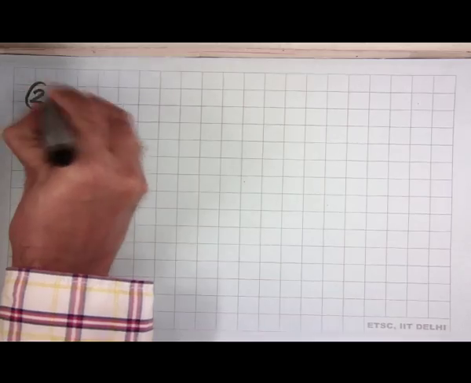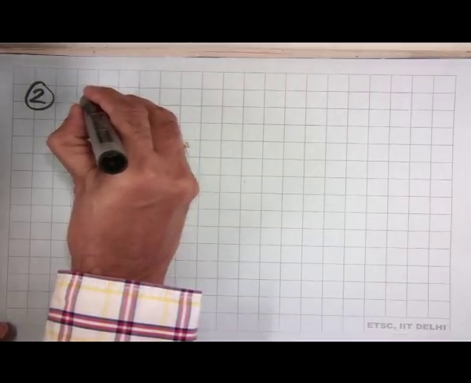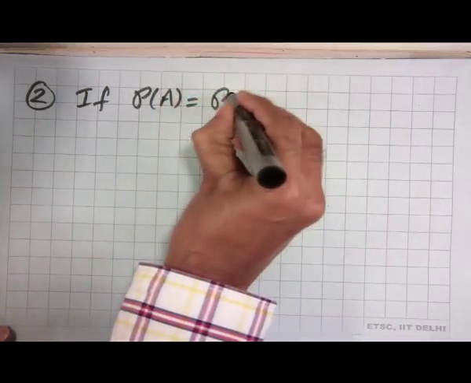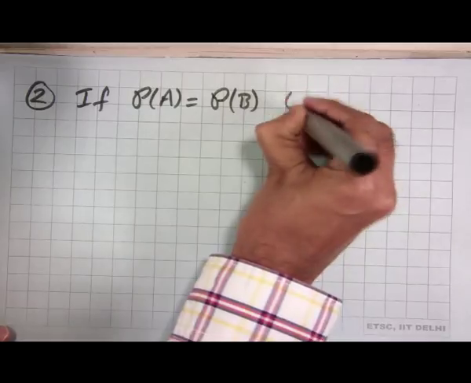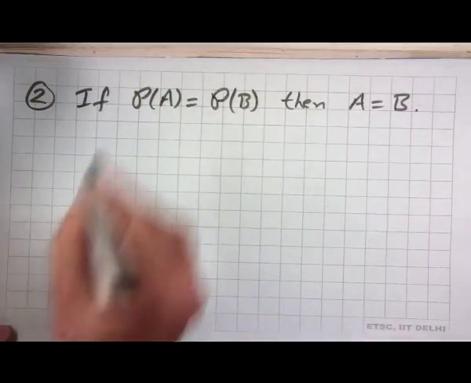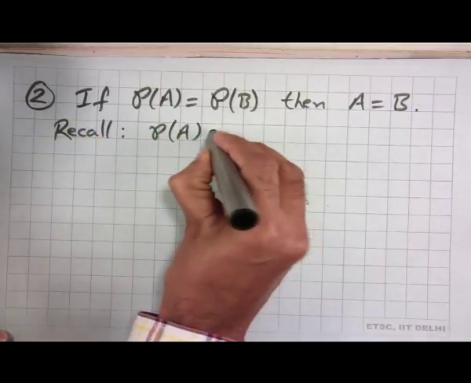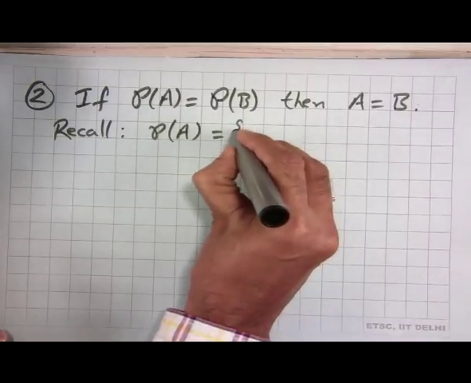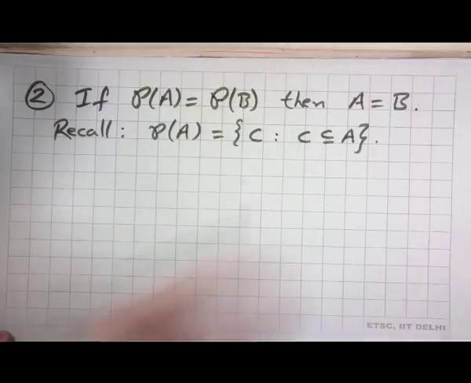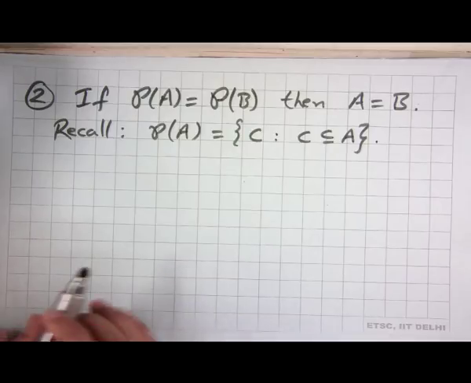Okay, second problem, let me do this. We will show that if the power set of A is equal to power set of B, then A is equal to B. So, let me recall that power set of A is equal to the set of all subsets of A. So, this is equal to all C such that C is a subset of A. So, if we know that the power sets of two sets are same, we want to prove that the sets are same.